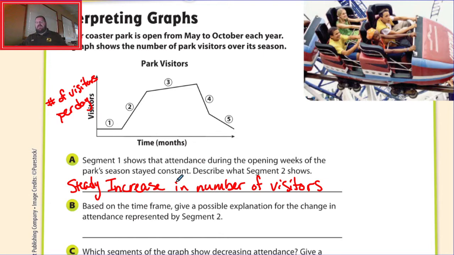Based on the time frame, give a possible explanation for the change in attendance represented by segment 2. So why would the number of visitors increase? Here we have May and here we have October, and they told us that segment 1 was the first few weeks.